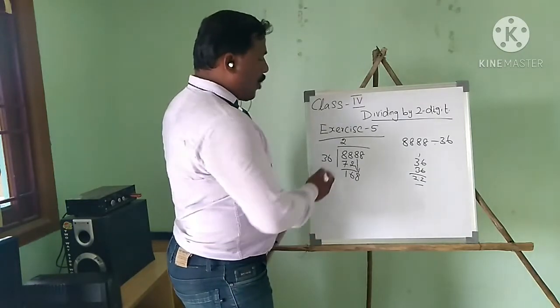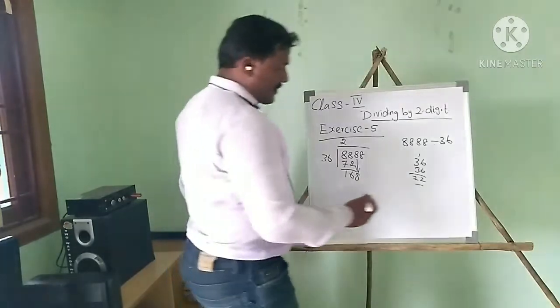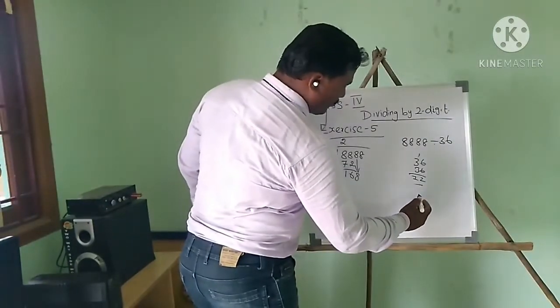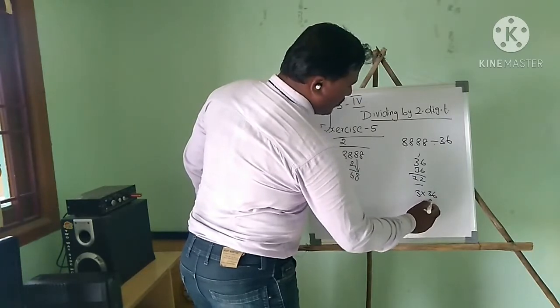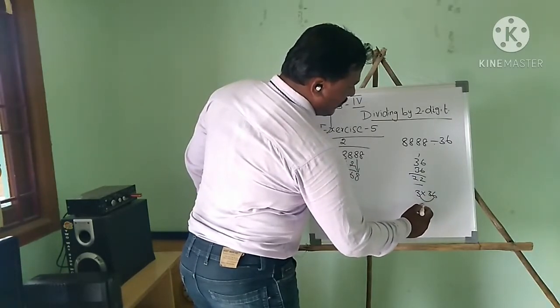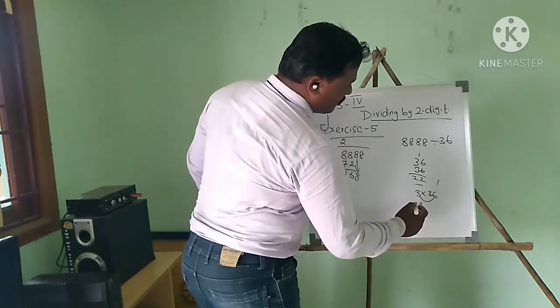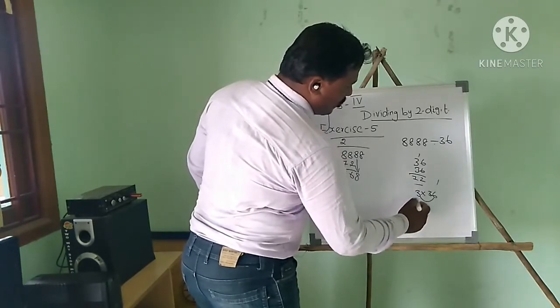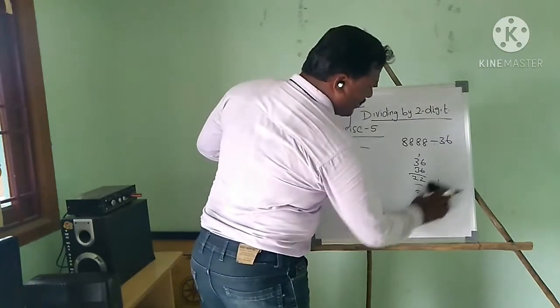So how many 36 are there in this 168? First I will take 3 times. 3 into 36: 6 threes are 18, remainder 1. 3 threes are 9 plus 1, 10. So 108. So I will take more than 3.